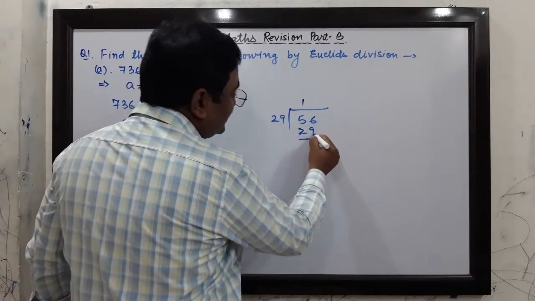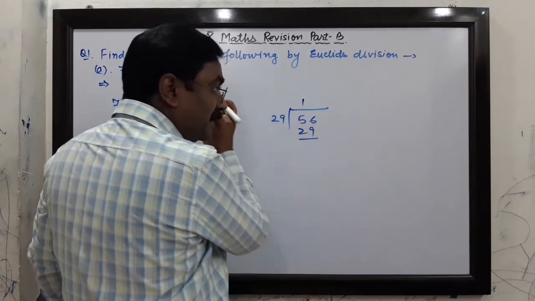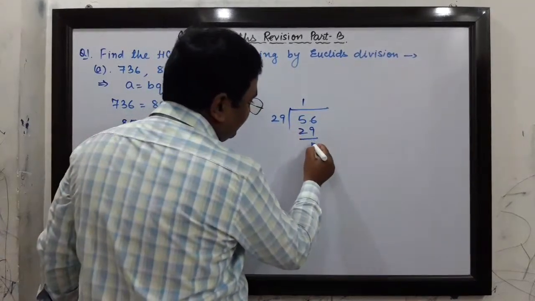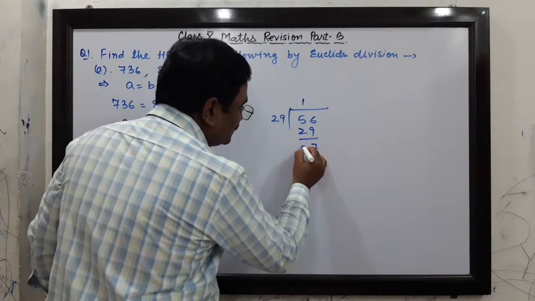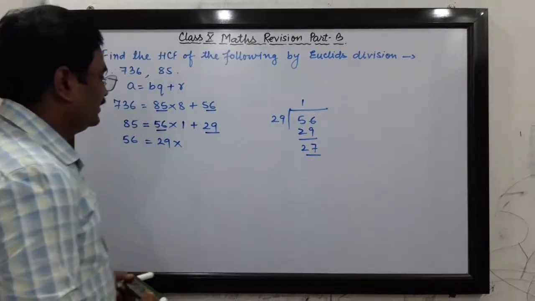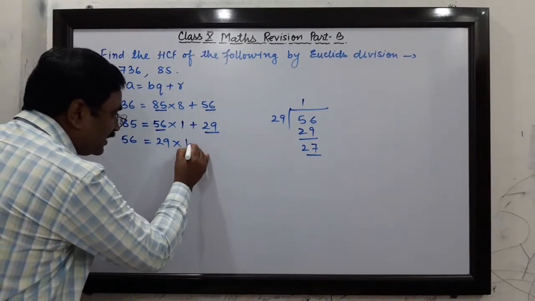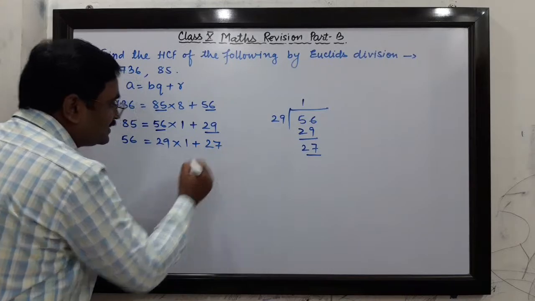Subtract it: 16 minus 9 is 7 and 4 minus 2 is 2, so the remainder is 27. So 56 equals 29 multiplied by 1 plus remainder 27.